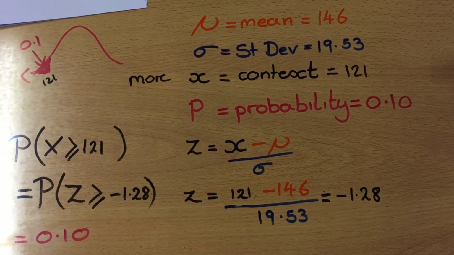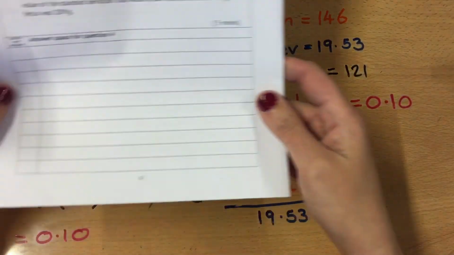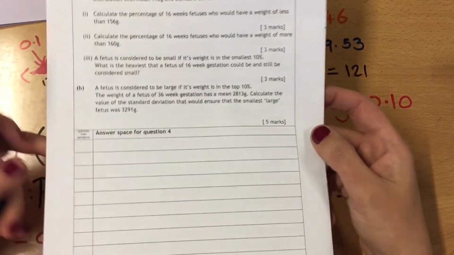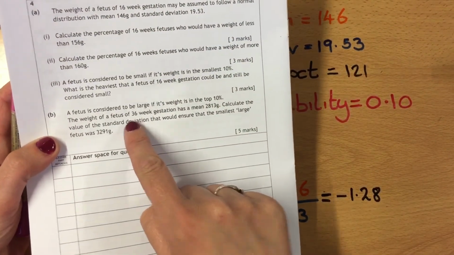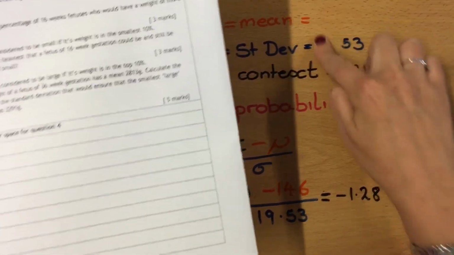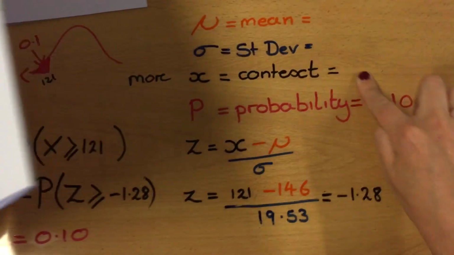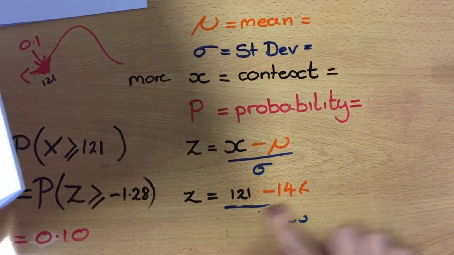Lastly, a fetus is considered to be large if its weight is in the top 10%, for a fetus of 36 weeks' gestation. Because we've been given the information that we are no longer dealing with a 16-week fetus, we don't have the same mean, we've lost the standard deviation, and we don't know the context.